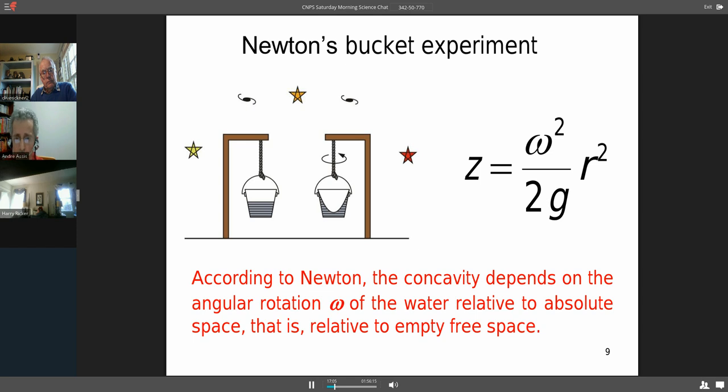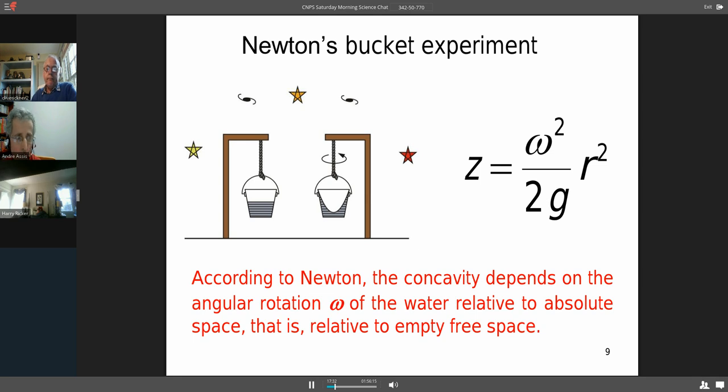According to Newton, the concavity of the water depends on this omega, the angular rotation of the water relative to absolute space, that is, relative to empty free space or relative to vacuum. It's not the rotation of the water relative to the bucket, to the air, nor to the stars.